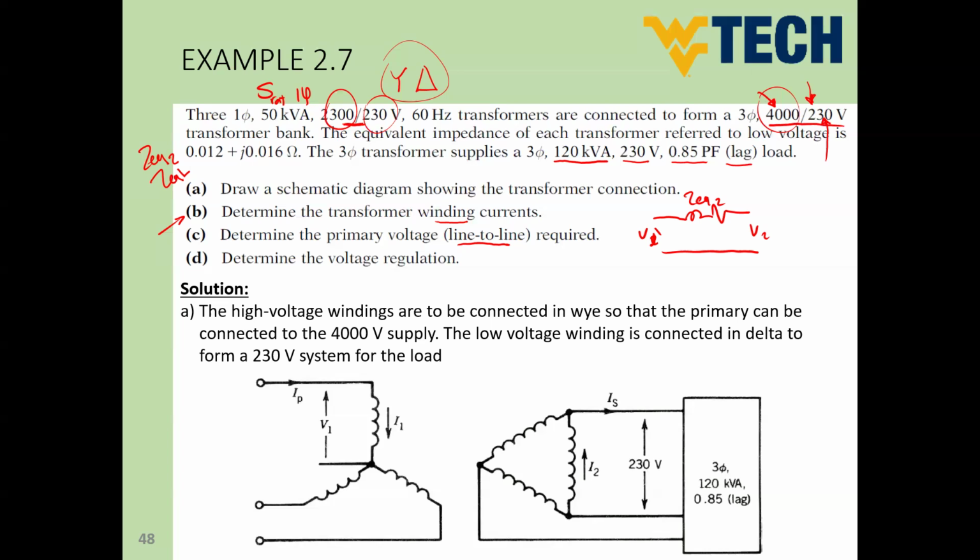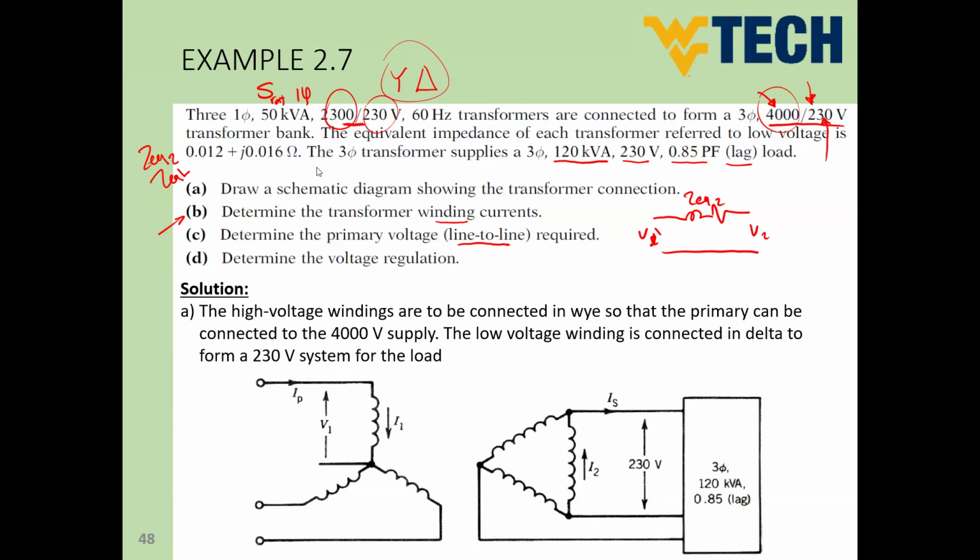Low voltage side here, guys, is the secondary side. So here we can say this is Z equivalent 2 or Z equivalent low. Either subscript is fine. So this is the secondary, or referred to secondary, transformer impedance.